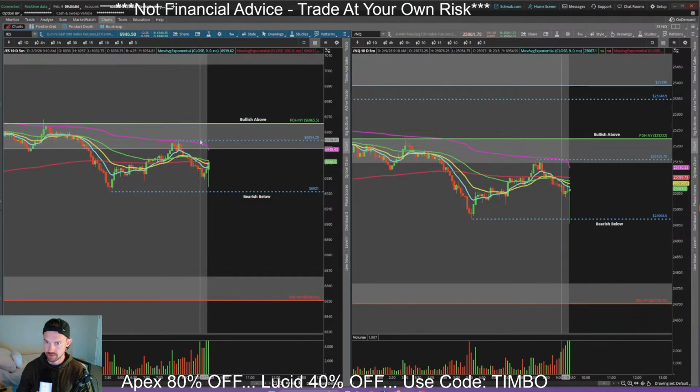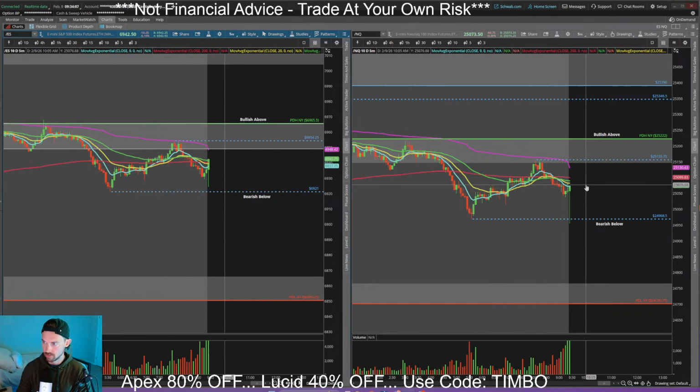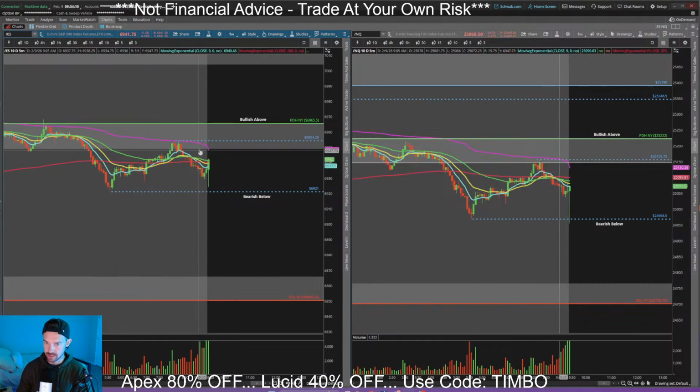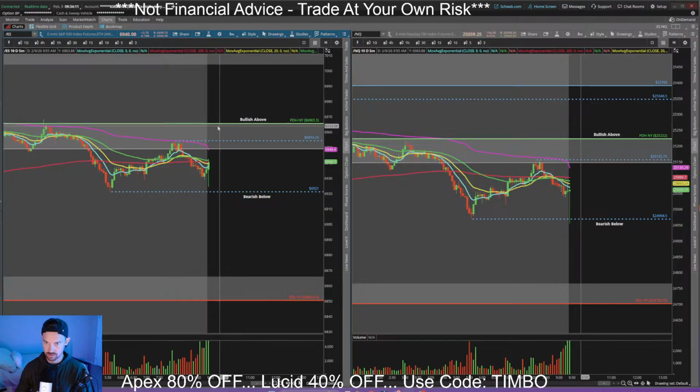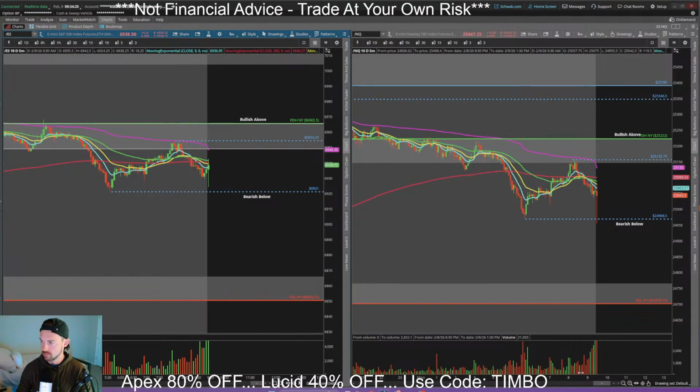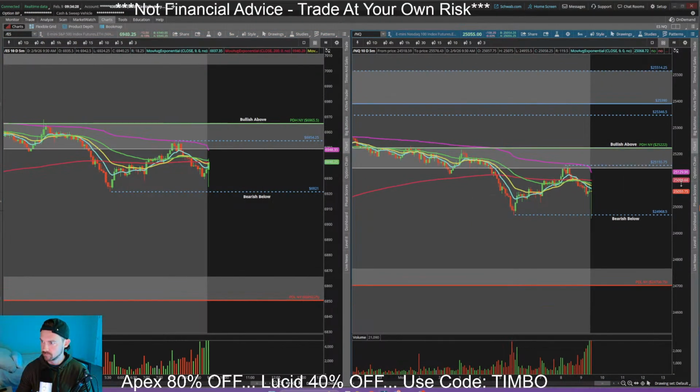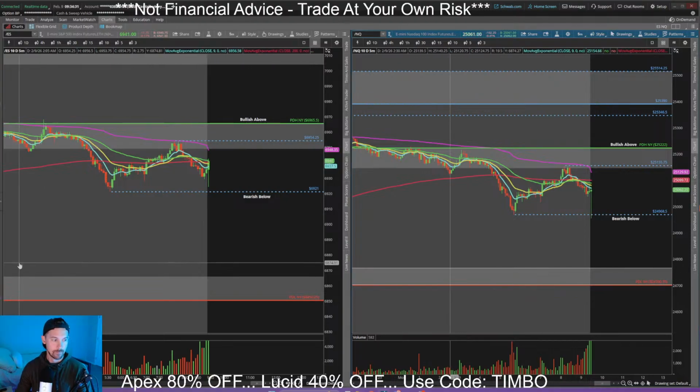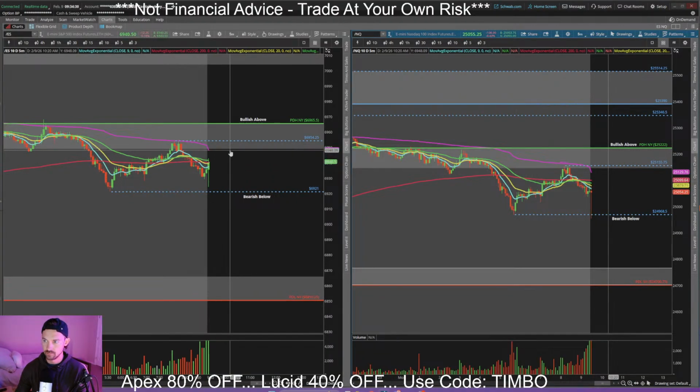We have all these EMAs and the VWAP above, so I'd like to see us get back above those if we're looking for longs, which would line up with the game plan of being bullish above this general zone on ES and NQ. Alright, ES flipped green and trying to push back up.